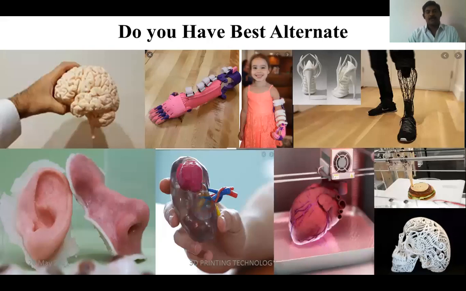So before entering the topic, do you have the best alternative for all those things? The first figure represents our human brain, the second is an artificial hand, the third one is a shoe, and the fourth one is an artificial leg, and ear and bionic ear as well as nose, and heart.